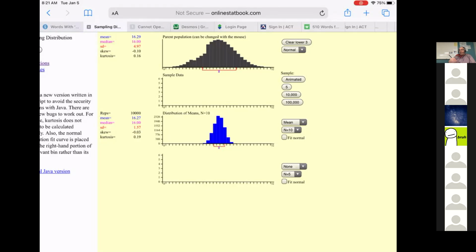However, if you throw me in there at 47, my value of 47 is going to make a sample mean be an overestimate of the true mean.